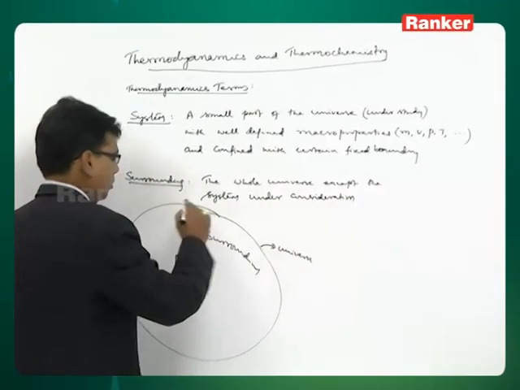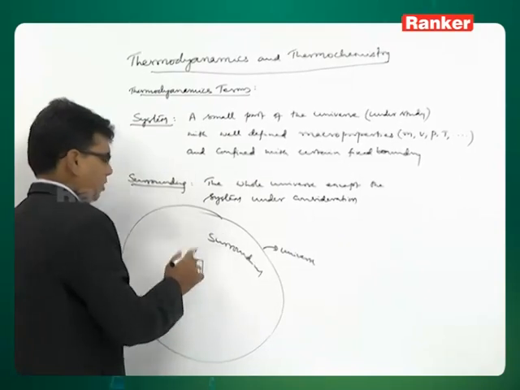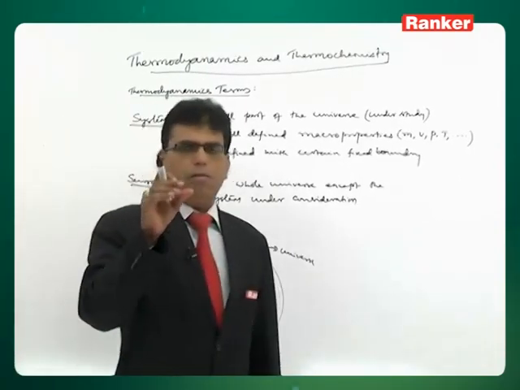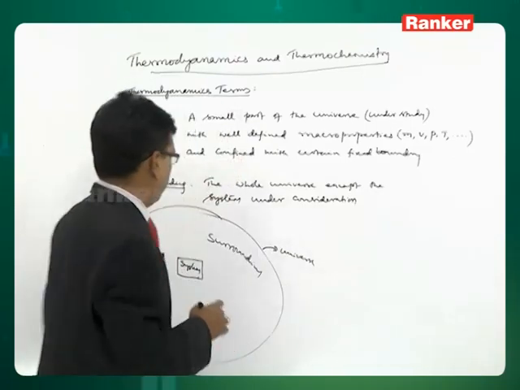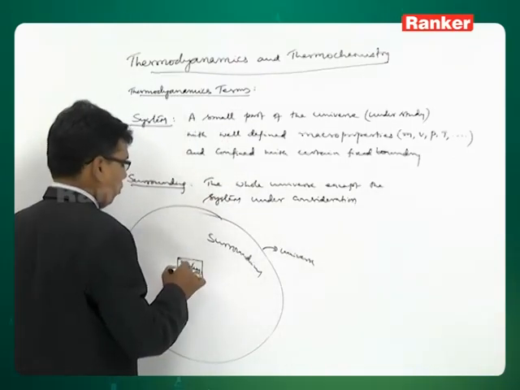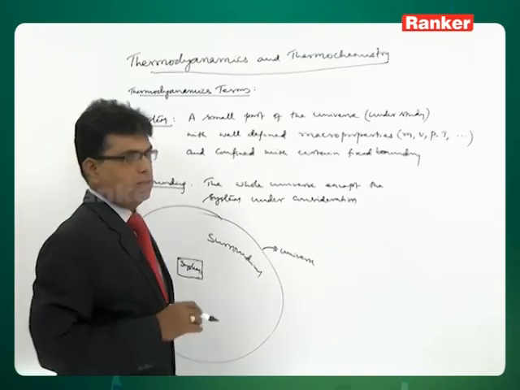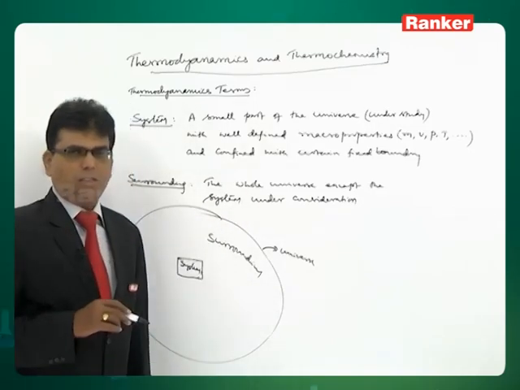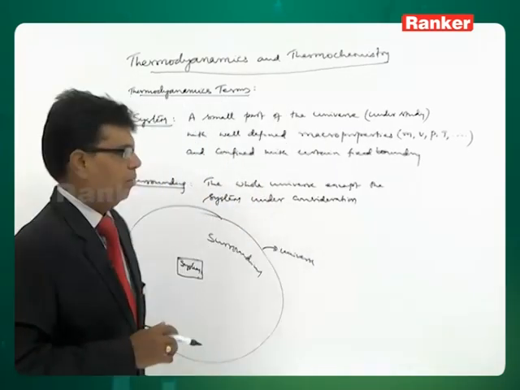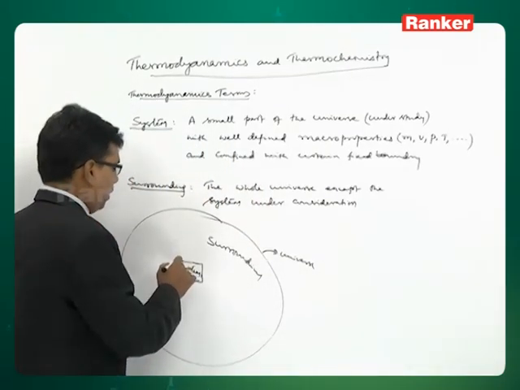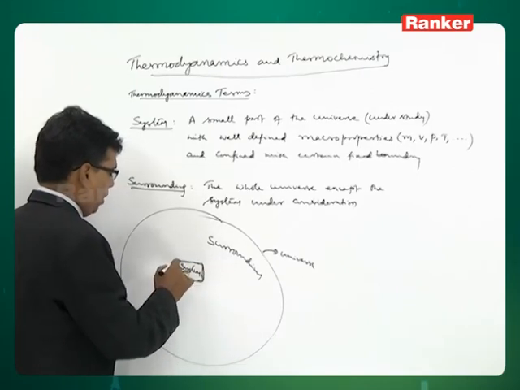The system is defined with certain macro properties like mass, volume, temperature, pressure, density, area or any such measurable property, and is separated from the surroundings with a well defined boundary.